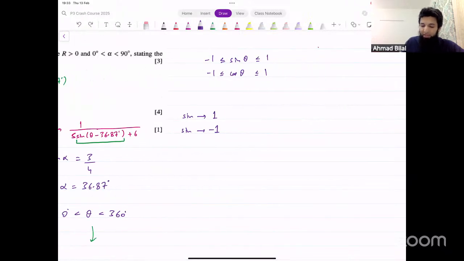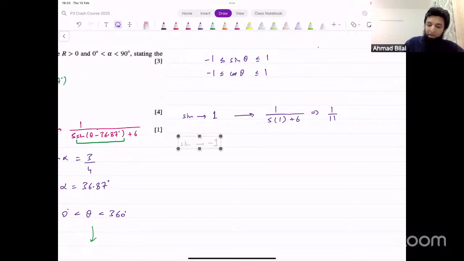What are they going to be? If I input sine equal to 1, what that means is I would get 1 over 5 times 1 plus 6, which gives me 1 over 11. And if I input -1 in place of that, what do I get? I get 1 over 5 times -1 plus 6, which is 1 over 1, which is 1.